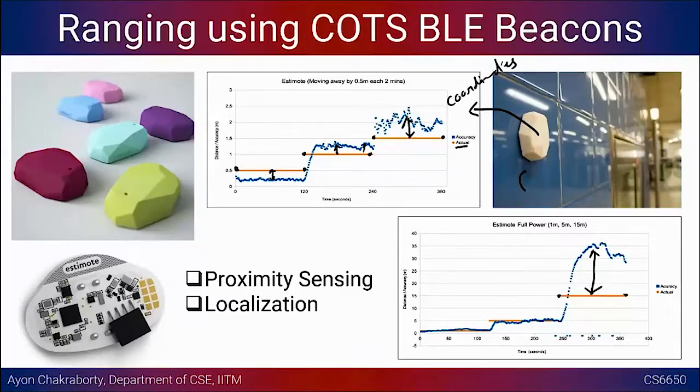So we have to see the regime in which this kind of technique works, in order to compute the distance directly from the RSS. Do you have any questions regarding the estimation of distance from the RSS itself?